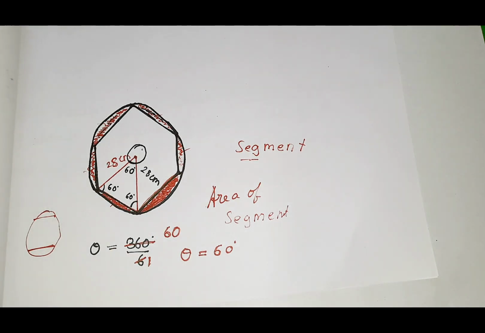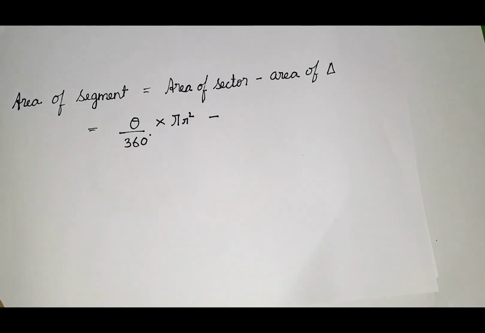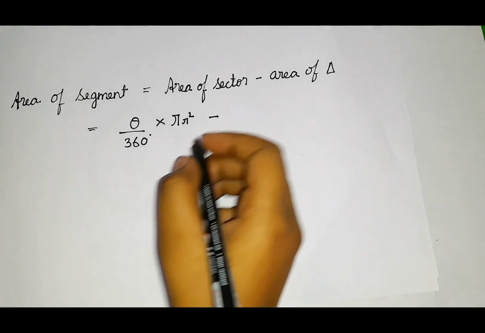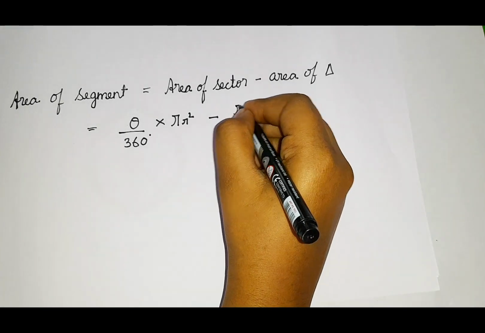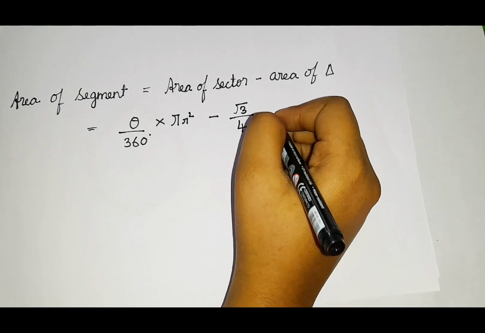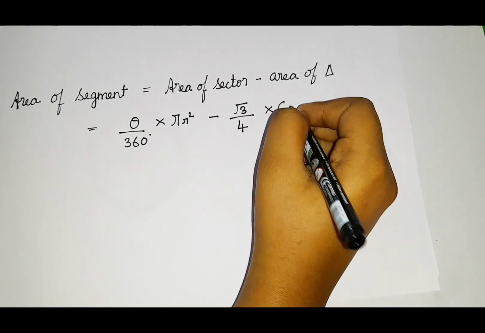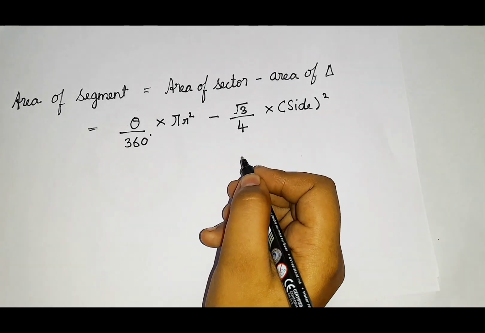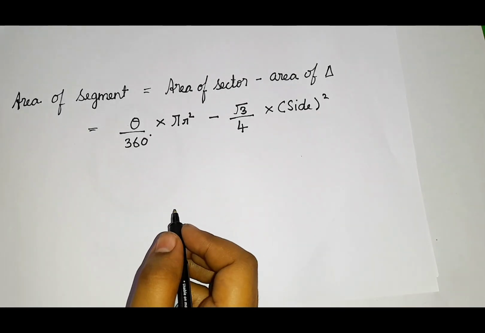If it is 60 degrees, then we can call it an equilateral triangle. Because it is an equilateral triangle, I can use this formula, root 3 by 4 into side square. So we are supposed to use this formula.